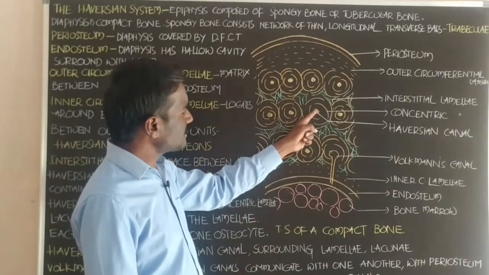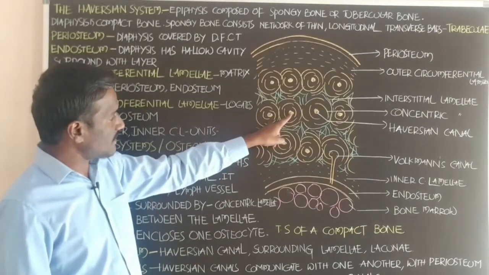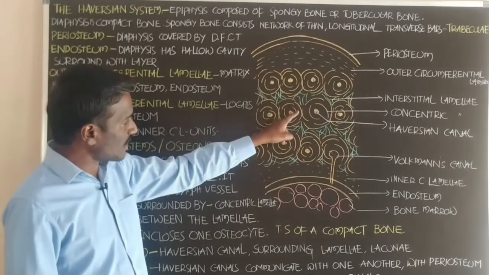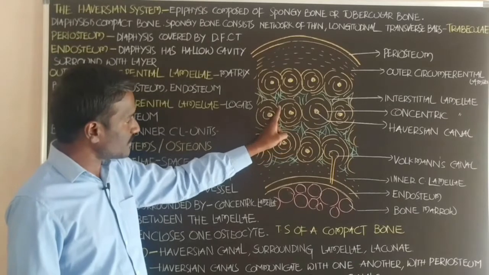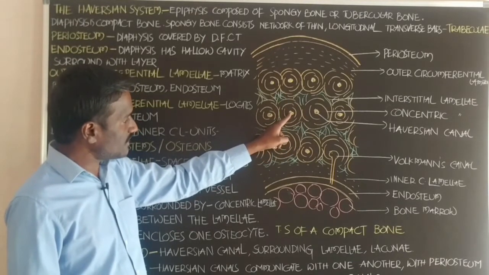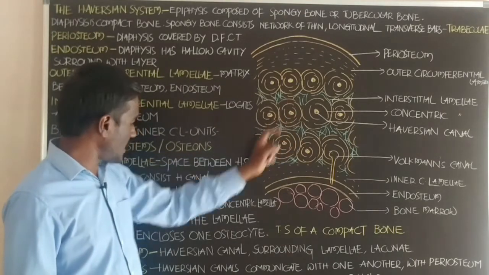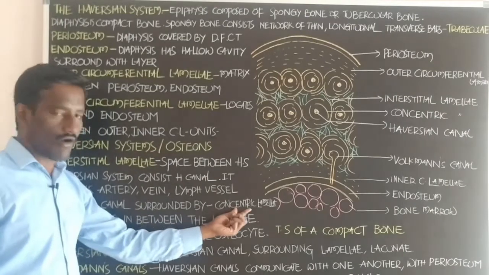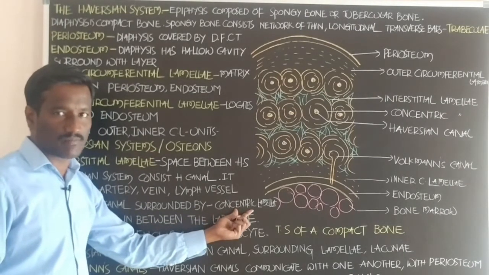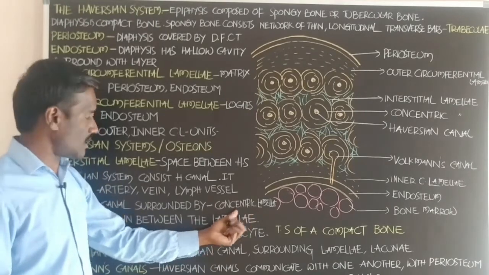Each Haversian system is surrounded by lamellae called concentric lamellae.